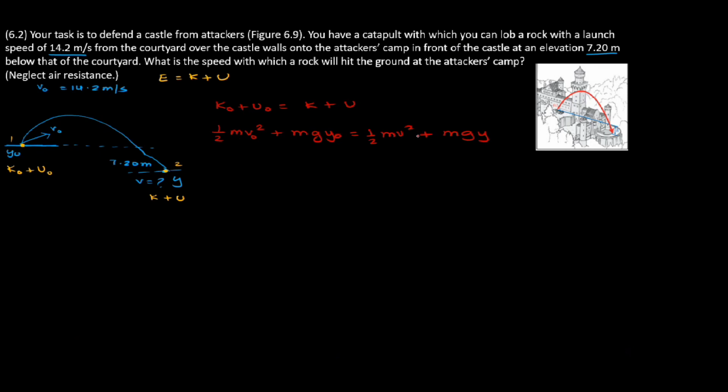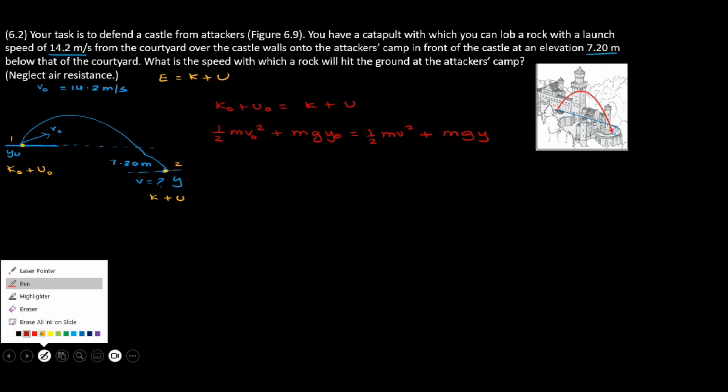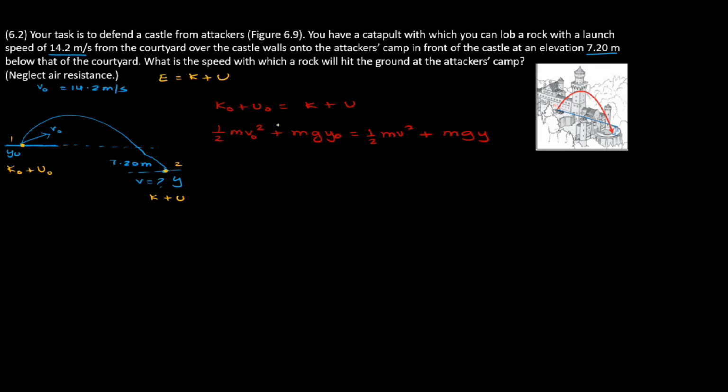Now, since m is present in every term over here, I can cancel that. So we cancel off the m here, and we rewrite the equation: v0 squared by 2 plus g y0 equals v squared by 2 plus g y.